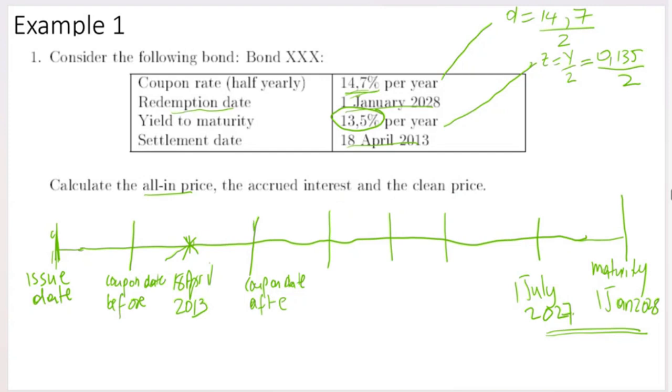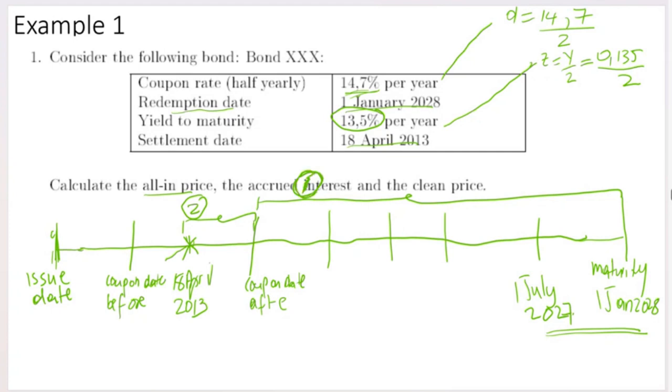You've got the first, this is a full period of your annuity, and then from here to there is your odd period. So now you've got 2.